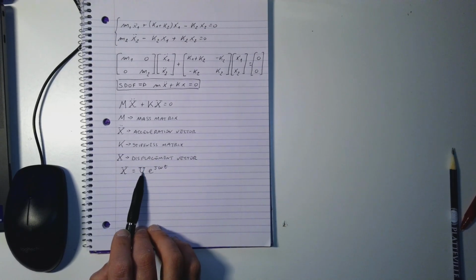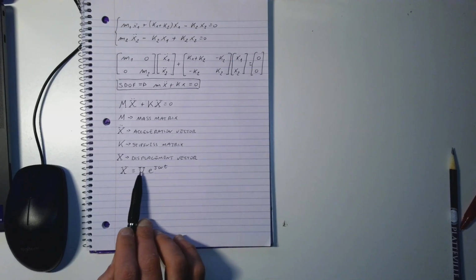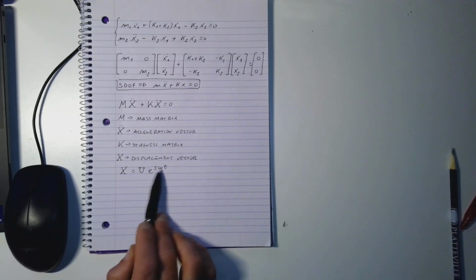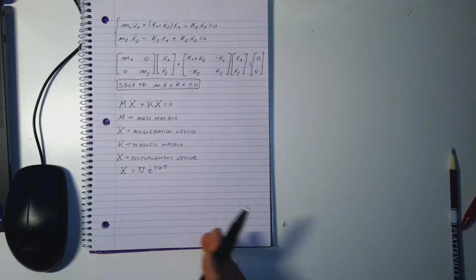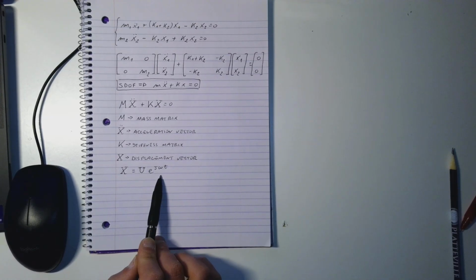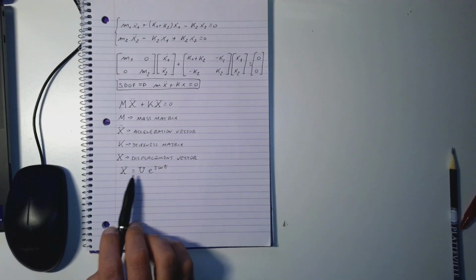This big U is also a vector that has two values, u1 and u2, and we will see later how we can use this u1 and u2. But for now, what we should focus on are these two elements, this U and omega. These are basically our constants that we have to determine from this general form of the solution. How can we determine these two?